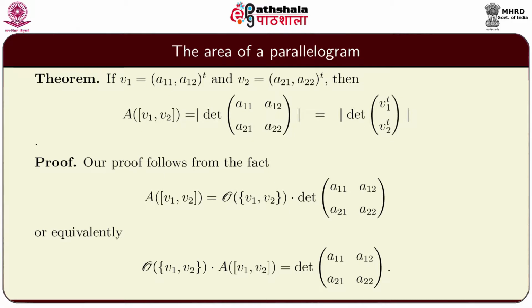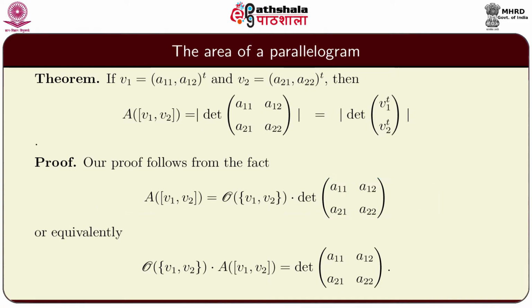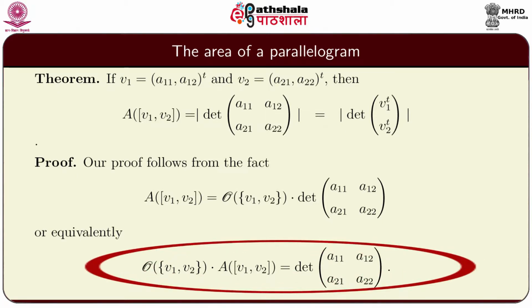Our proof follows from the fact that A of V1, V2 is the orientation of V1, V2 multiplied by the determinant of this matrix A11, A12, A21, A22, or equivalently, the orientation of V1, V2 multiplied by A of V1, V2, that is the area, is equal to the determinant of this matrix.